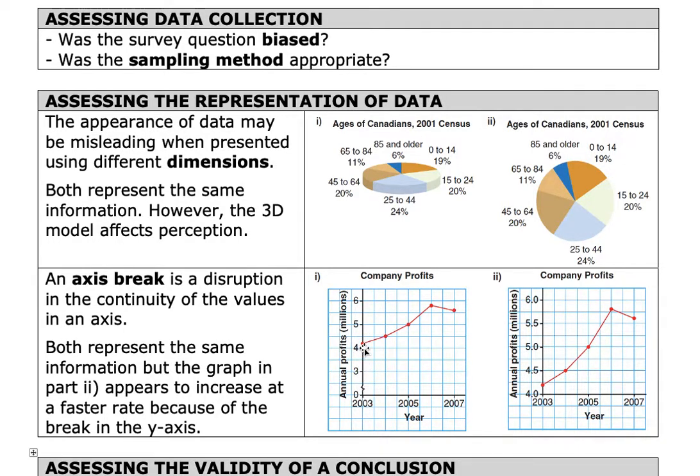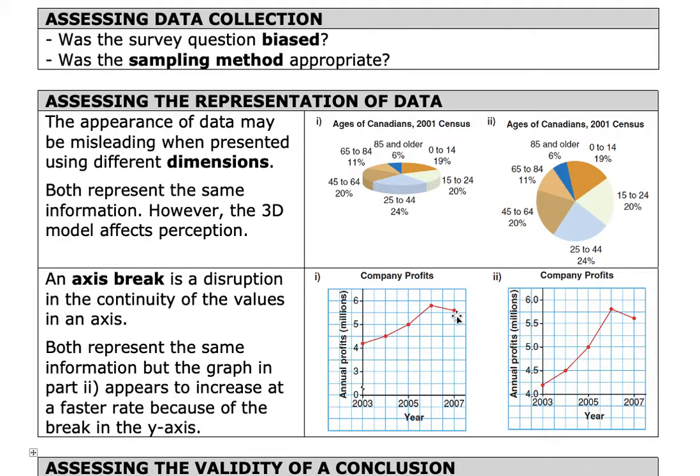If you show this entire section here of the y-axis, everything from 0 up until the first value, you get a better perspective on the overall change over time. And here it looks less gradual.